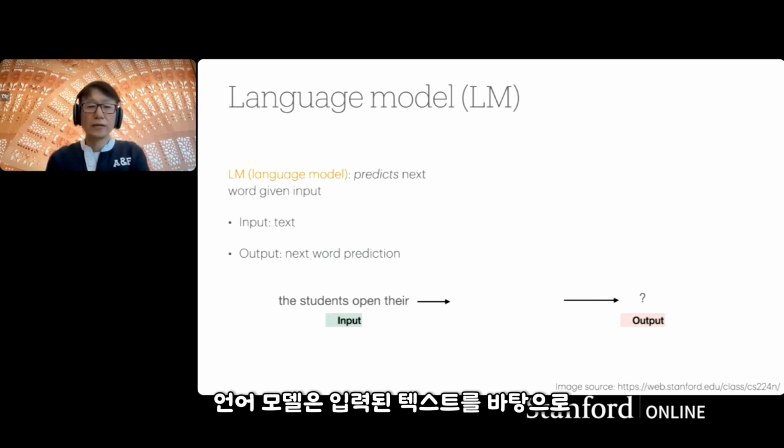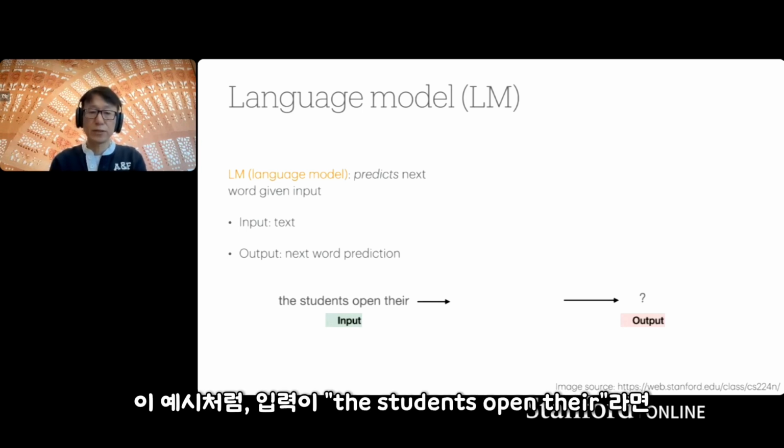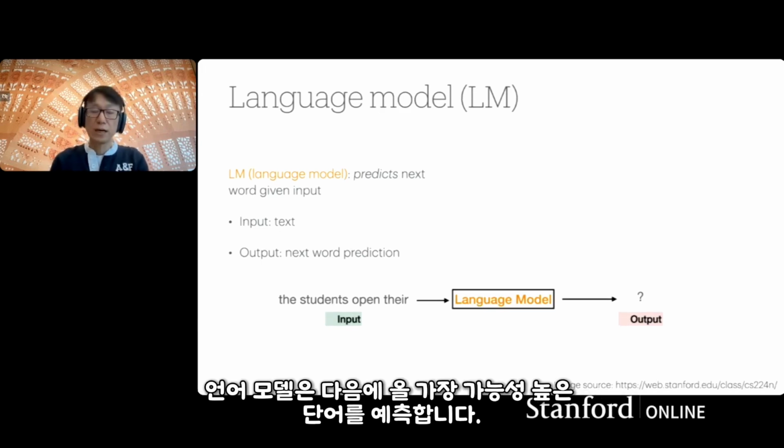So a language model is a machine learning model that predicts the next coming word given the input text. As in this example, if the input is "the students open there," then the language model can predict the most likely word coming next.